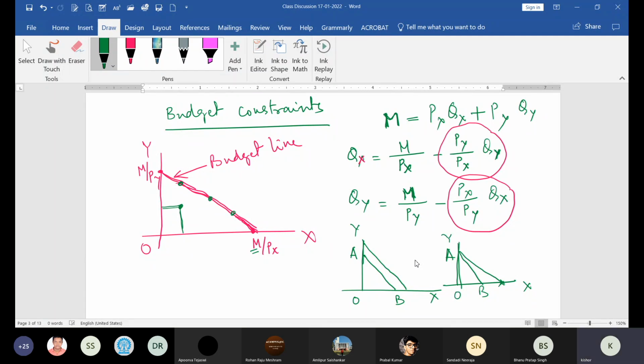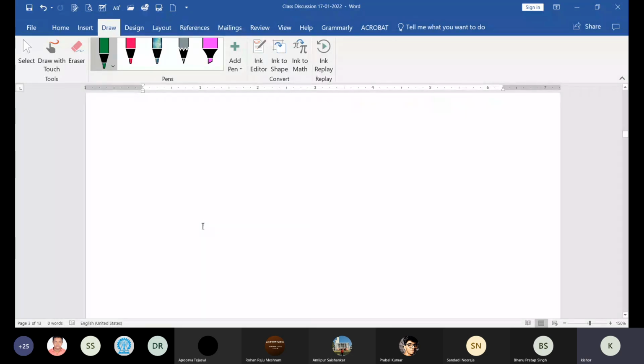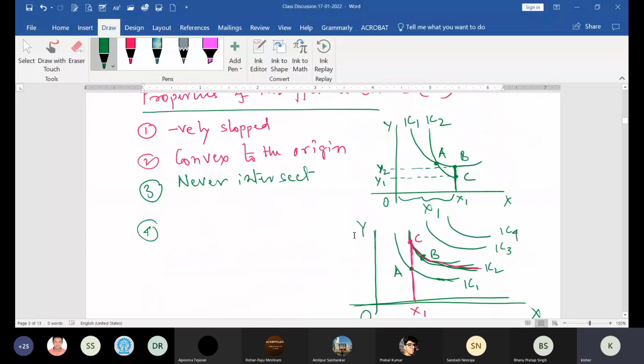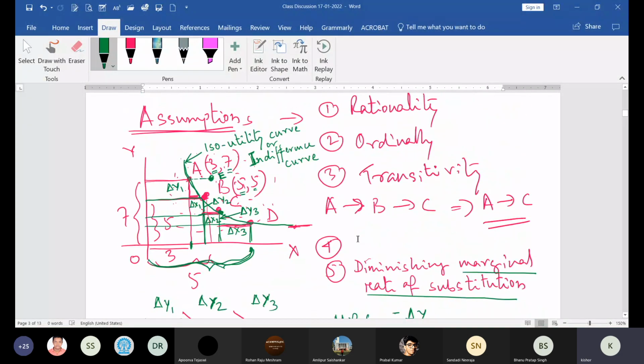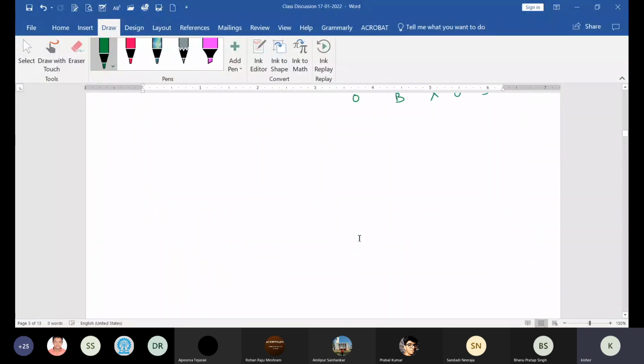Now, I am bringing this concept of budget into your indifference curve analysis. We were discussing the indifference curve in the previous lecture. In an indifference map, when there are so many indifference curves, there will be some indifference curves which your budget line will cut.